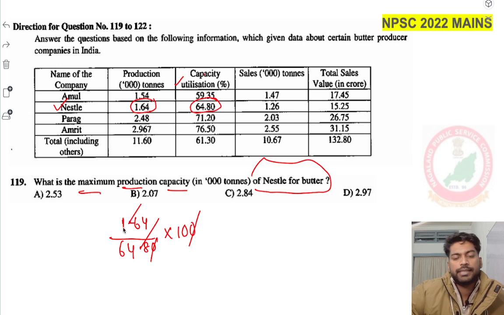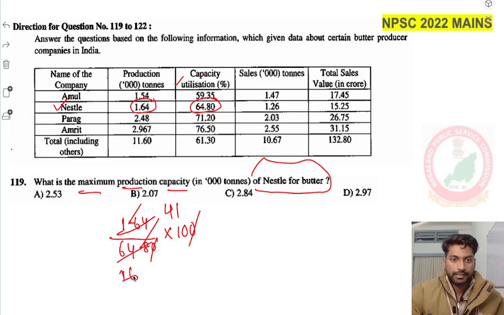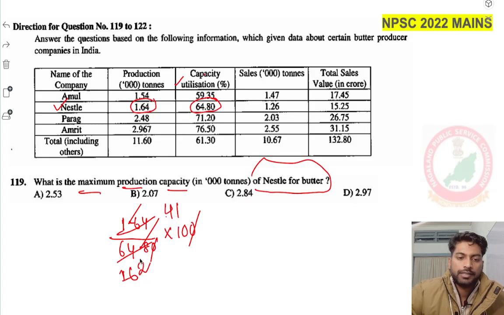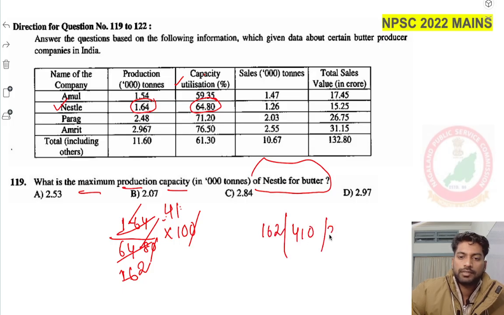Yeah, it can be divisible by 4, right? Divide by 4, this is 41. Divide by 4, this is 1 and this is 6 and this is 2. Here 41, and this is 4 times, roughly around 4 times, but we have to look now. So this is like 410 divided by 162, so it's 2 times.